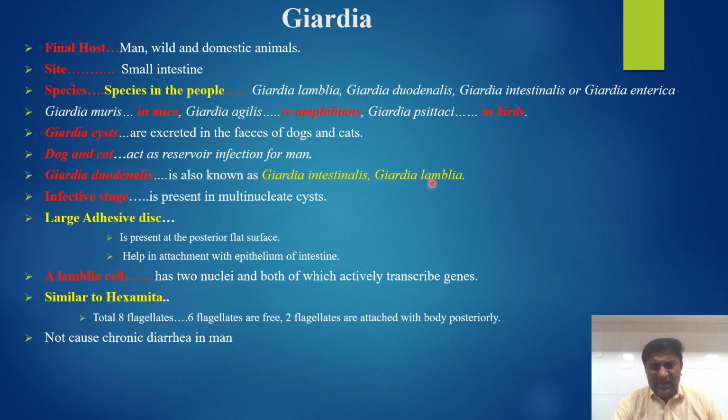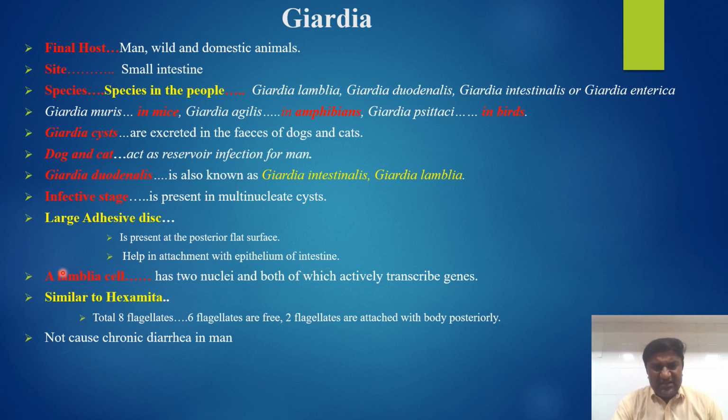Giardia duodenalis is also known as Giardia intestinalis or Giardia lamblia. The infective stage is the multinucleate cyst. Its distinct feature is a large adhesive disc at the posterior flat surface that helps in attachment with the epithelium of the intestine.